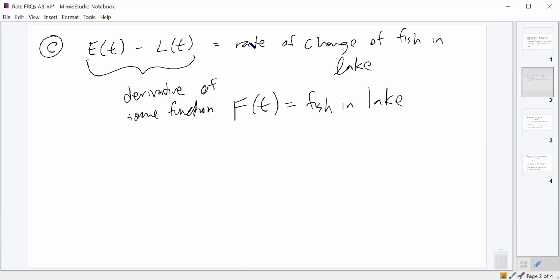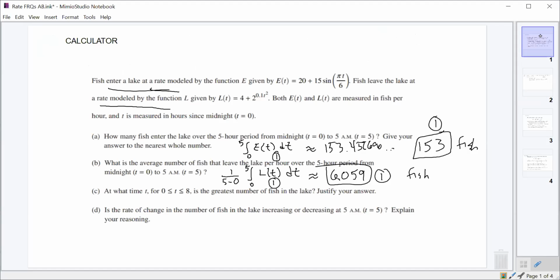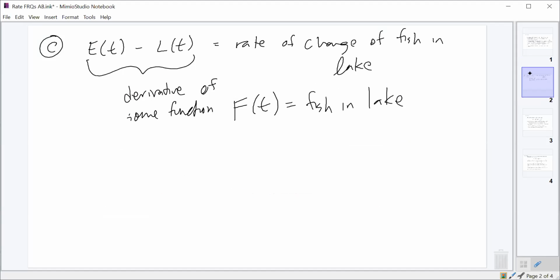And so the maximum number of fish in the lake will occur potentially at either the endpoints or at the derivative of a function that represents the fish in the lake. So F prime of t is E of t minus L of t.